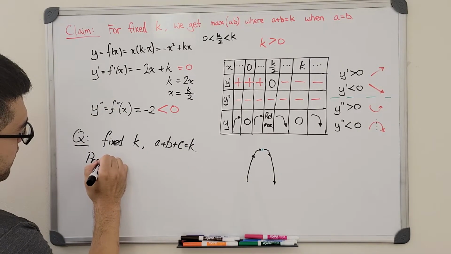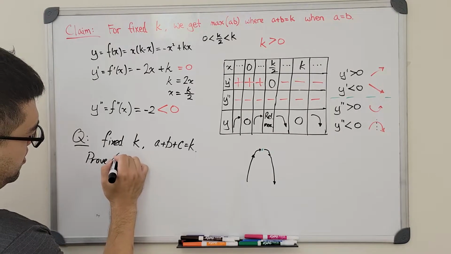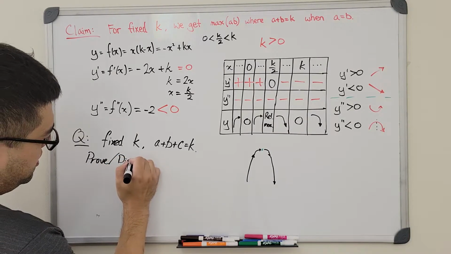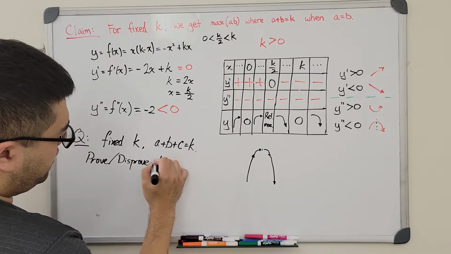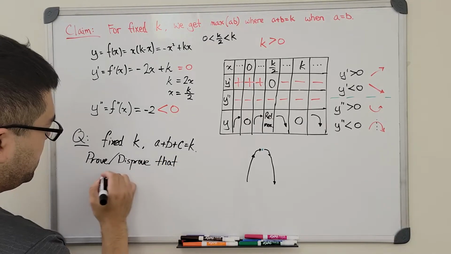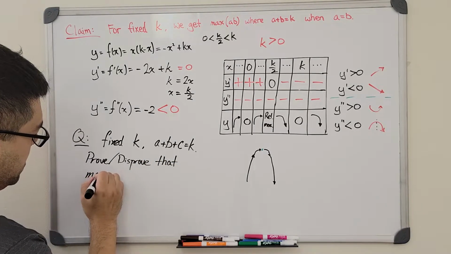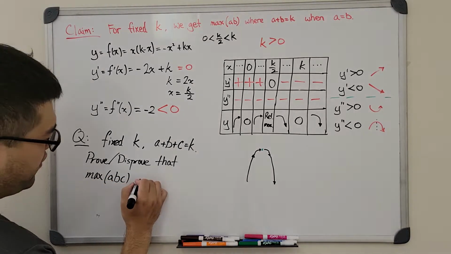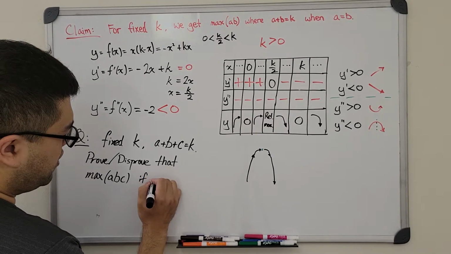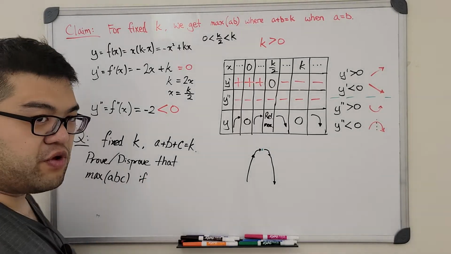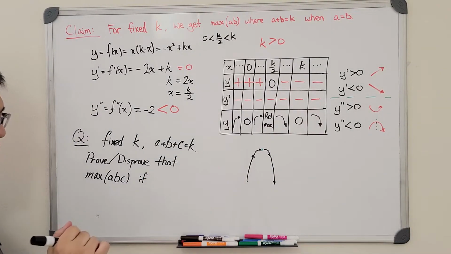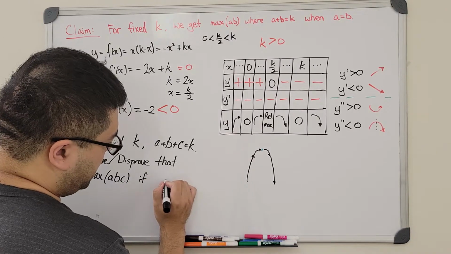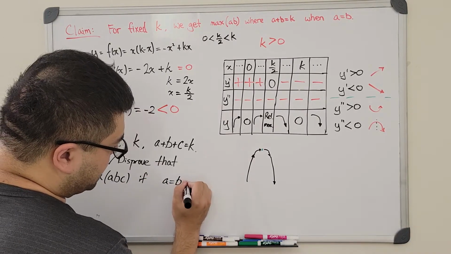Prove or disprove that the product will be maximized if and only if, no, I shouldn't say if and only if. I'll leave you guys to think about. If A, B, and C are the same value.